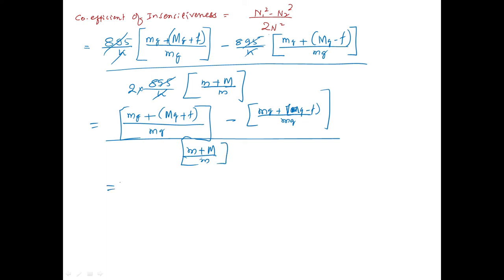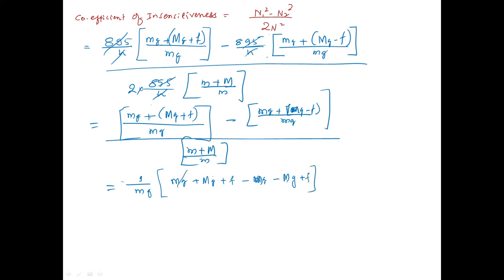So now we calculate. Further you can simplify this. If you take 1 by mg outside for the numerator, what remains here? mg plus mg plus f, now minus mg, this is small mg here, minus capital Mg, minus into minus plus f.